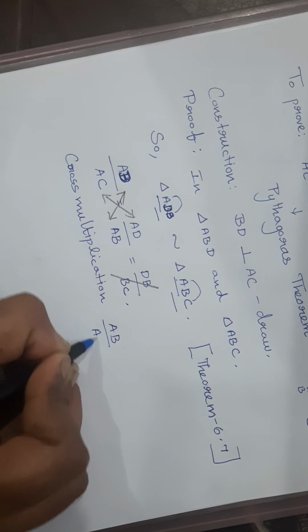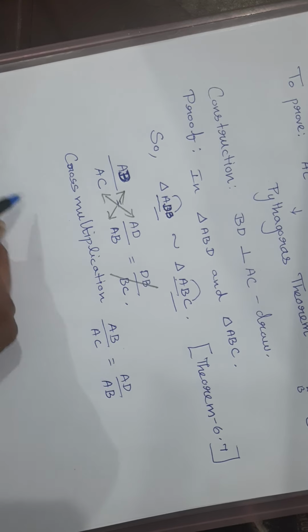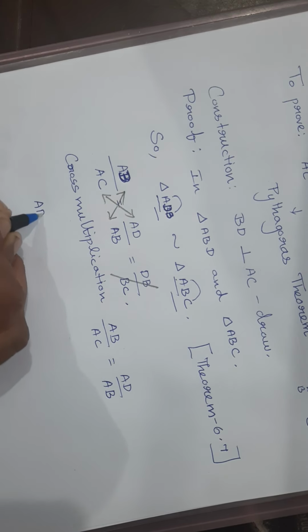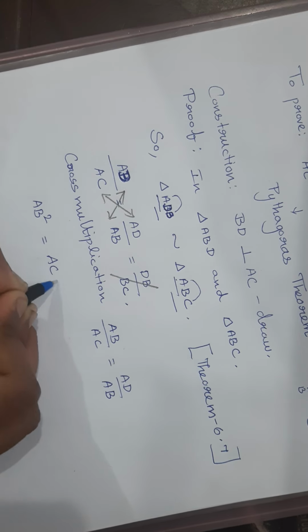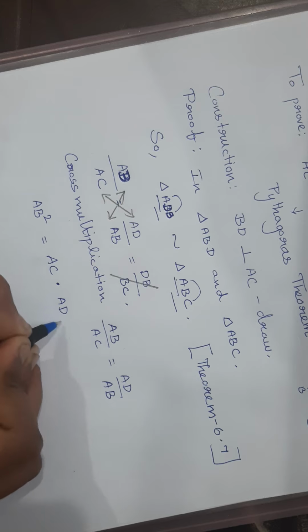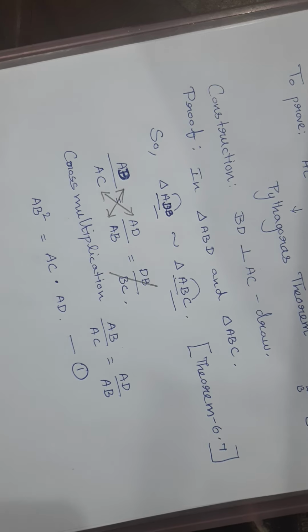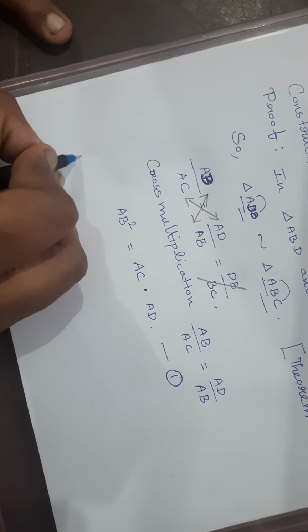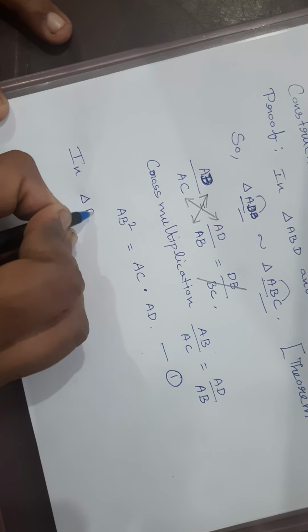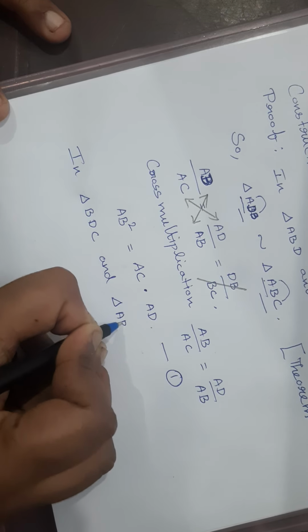AB upon AC equals AD upon AB. So cross multiply: AB square equals AC into AD. This is equation number 1.